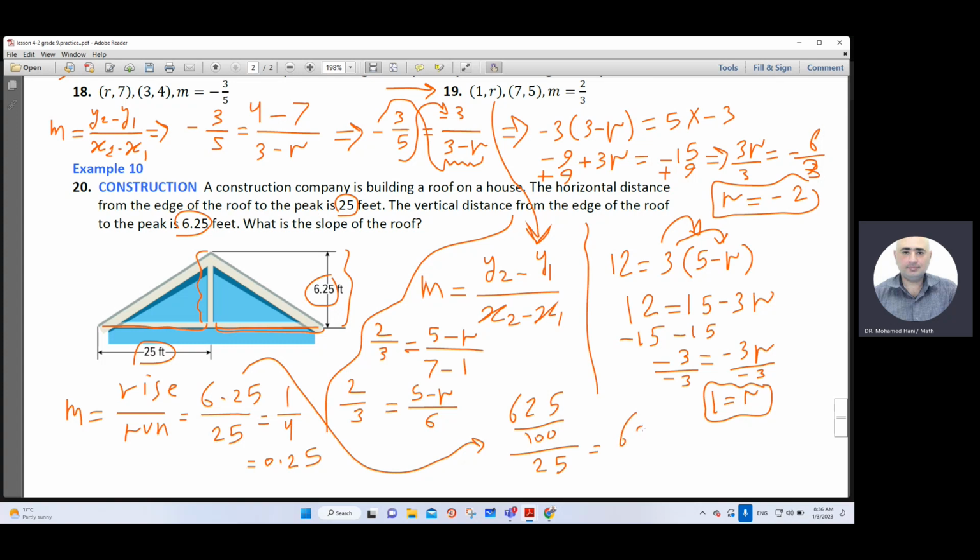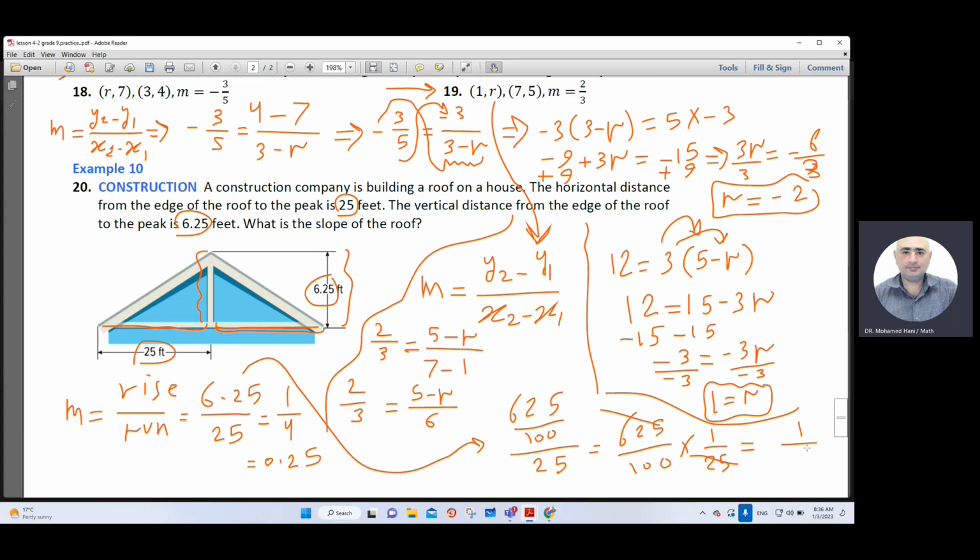Means 625 over 100 times 1 over 25. 625 divided by 25. Up here remains 1.